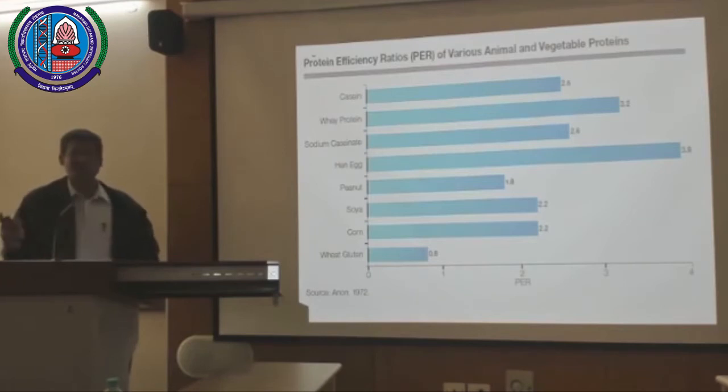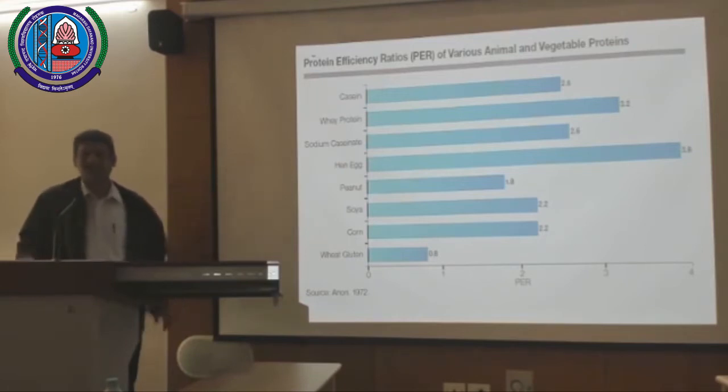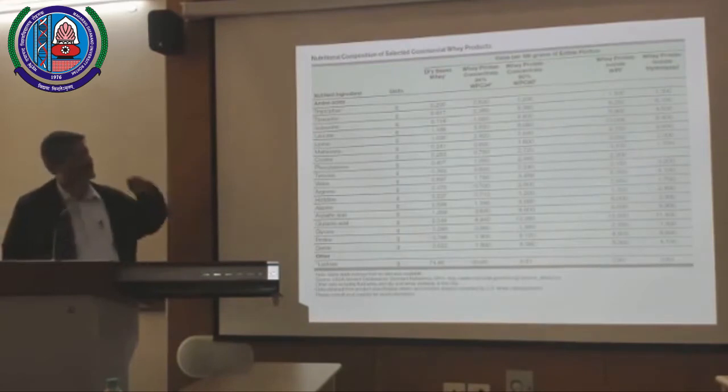Okay, thank you. This protein efficiency ratio is basically the bioavailability of the protein. It's about the amount of essential amino acids, whether it's different or the same, and is a comparison on the basis of that. I will come to a chart. It's about availability. Amino acids are here.